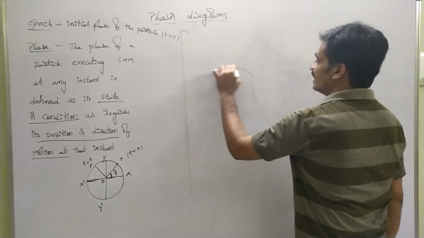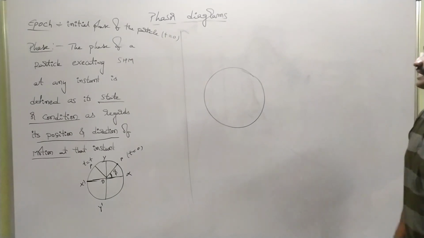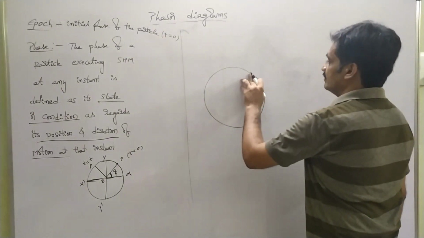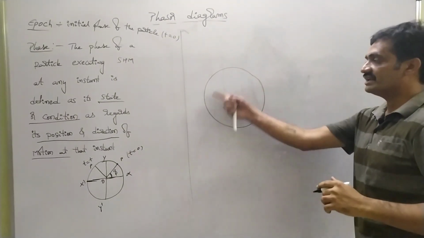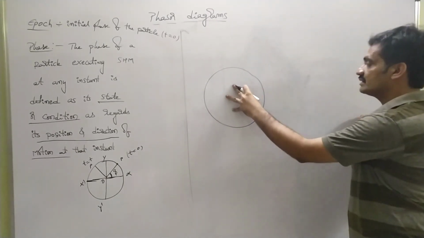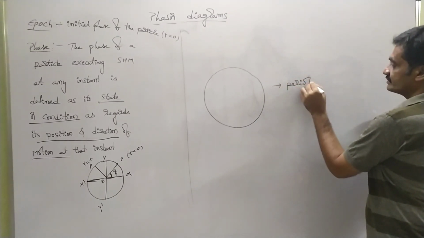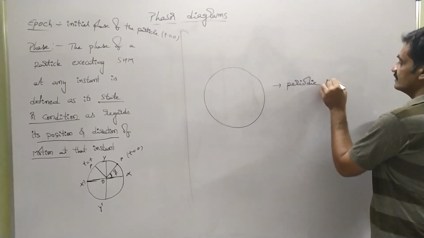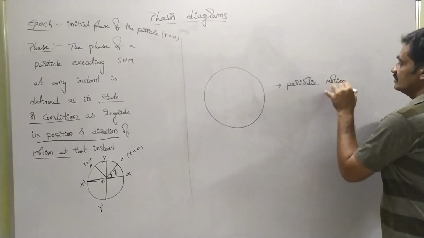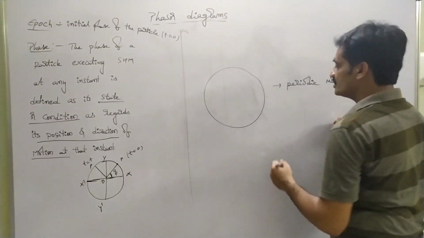Let us consider a particle moving in a uniform circular motion. Since the particle is moving in a uniform circular motion, we can consider it as a periodic motion. So can we consider it as SHM, simple harmonic motion?